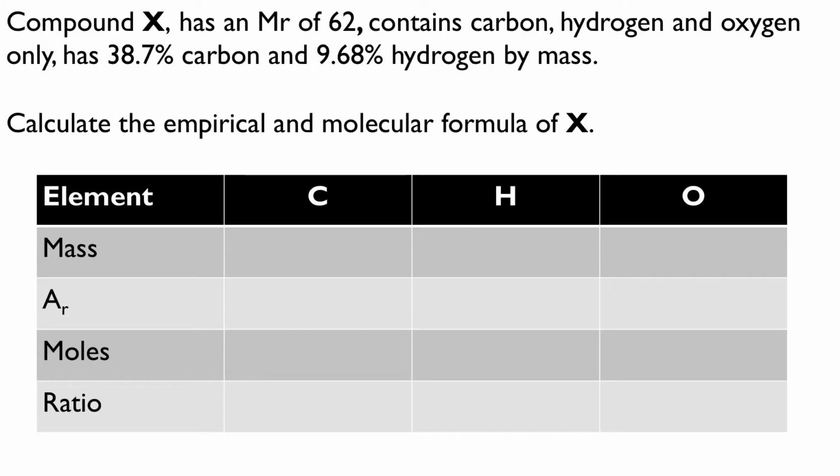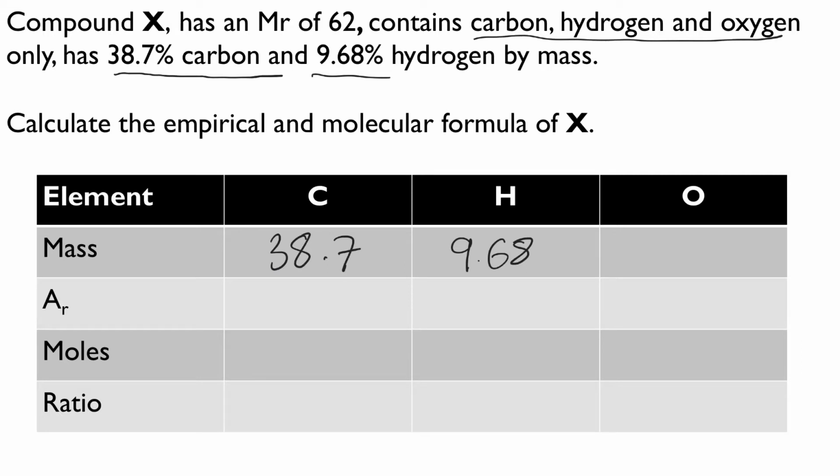So I'm going to fill out this table. Okay, so the mass of carbon is 38.7%, 38.7. The mass of hydrogen is 9.68. Remember, we can use the mass in grams or percentages. The mass of oxygen, well, the compound only contains carbon, hydrogen and oxygen.